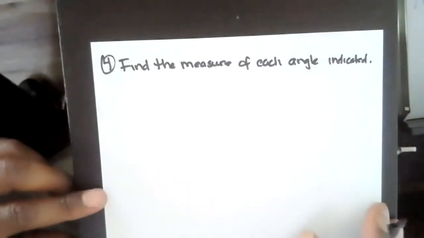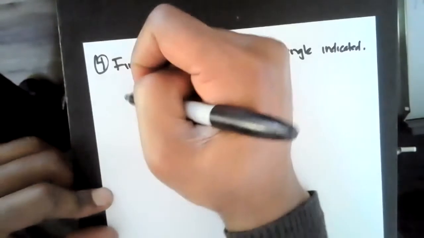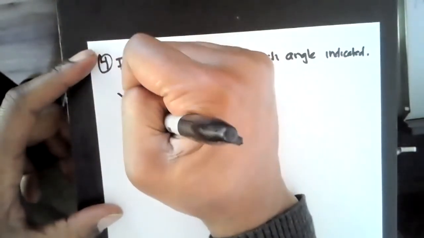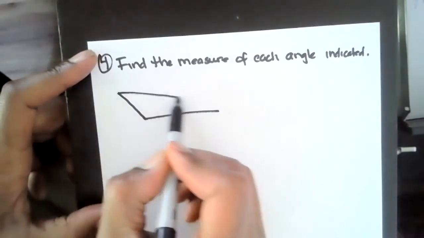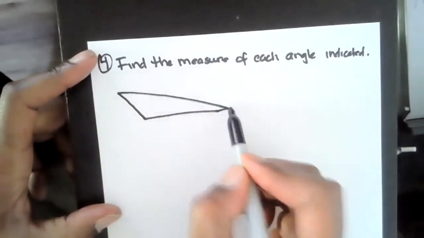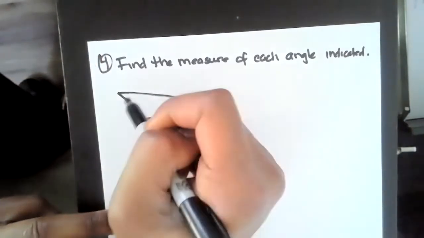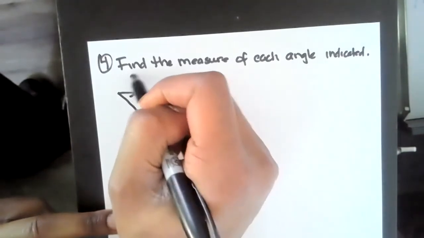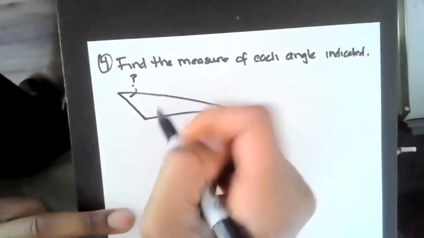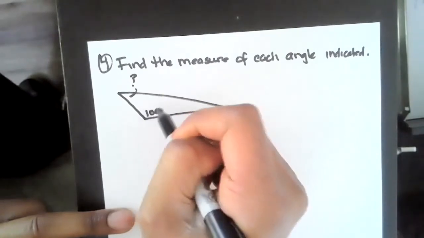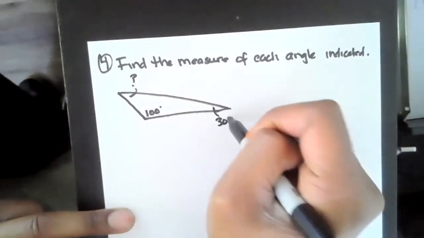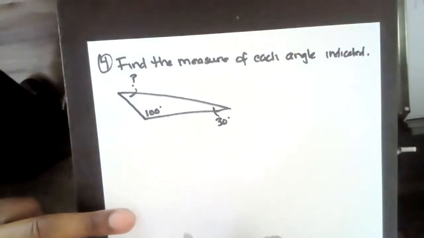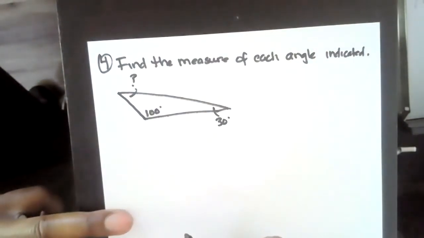All right. They give us something that looks like this, where we have a question mark here, 100 degrees here, and 30 degrees here.